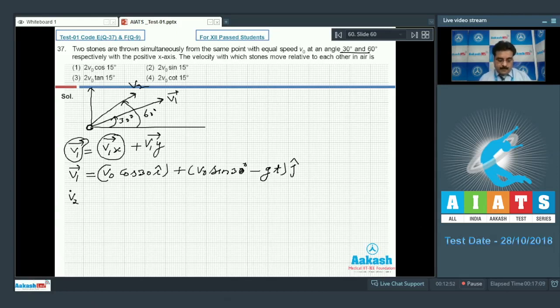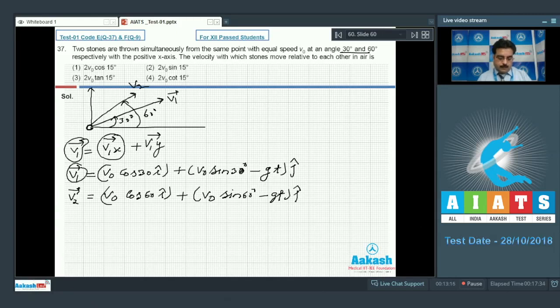Similarly, for v2, we'll write v0 cos 60 i cap, and v0 sin 60, which is the initial vertical component of velocity for v2, minus gt j cap.